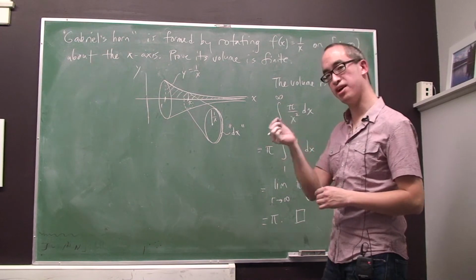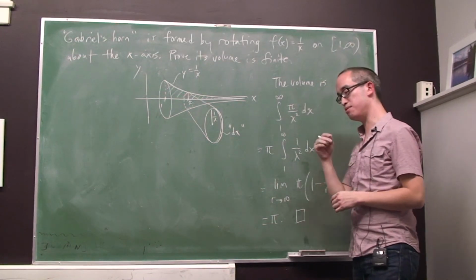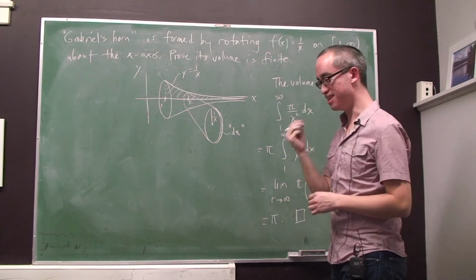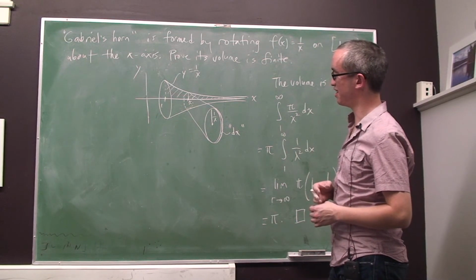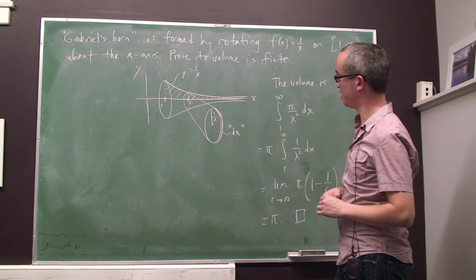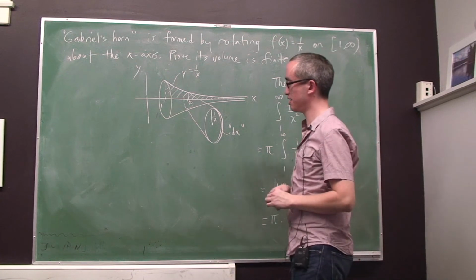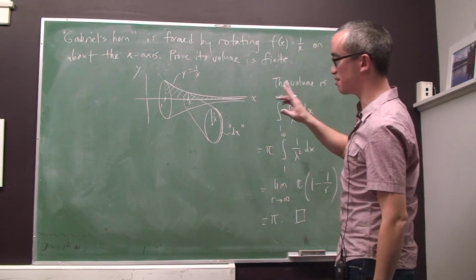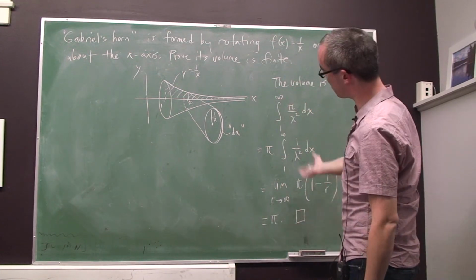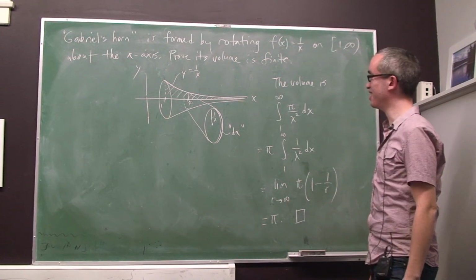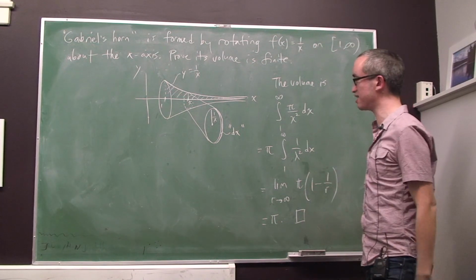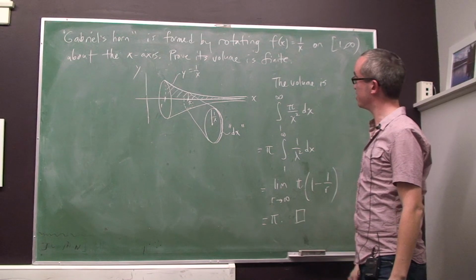So you could fill it with a finite amount of paint, but you need an infinite amount of paint to coat it, which is a little bit wacky, but as was said about, I think, one of Euler's formulas, we've proved it, and therefore it's true. It's strange, it's slightly unsettling, but it's definitely true.